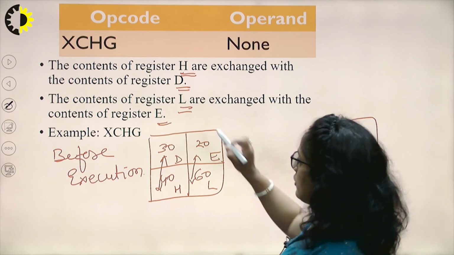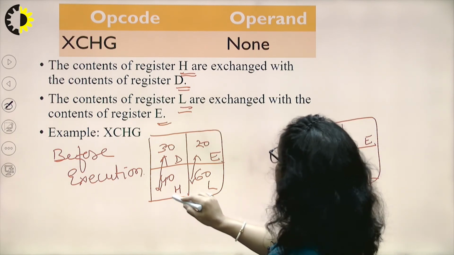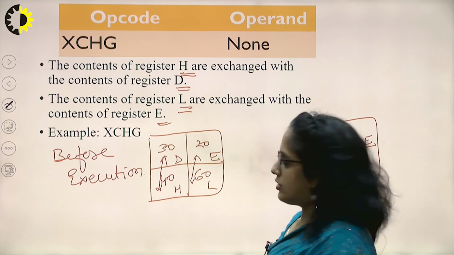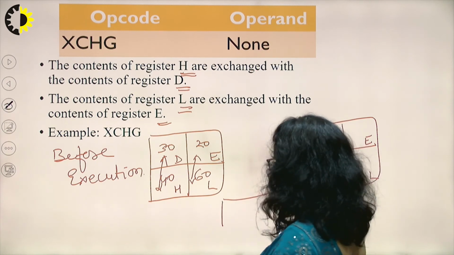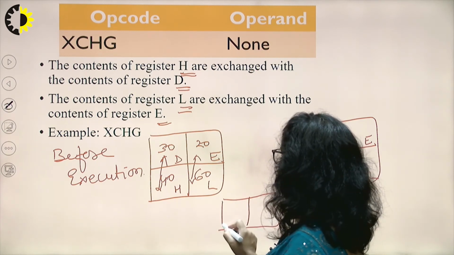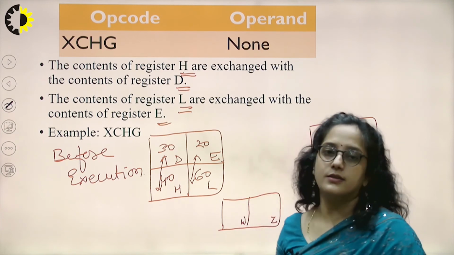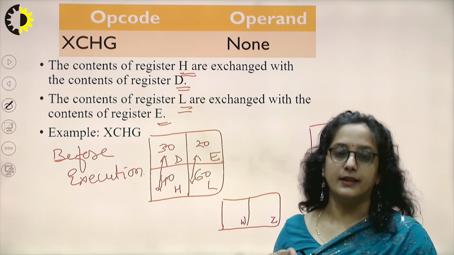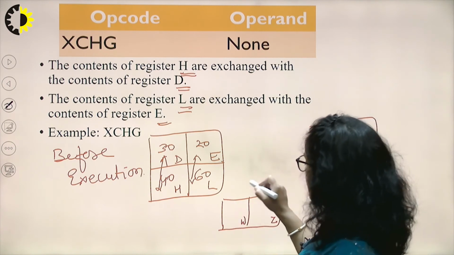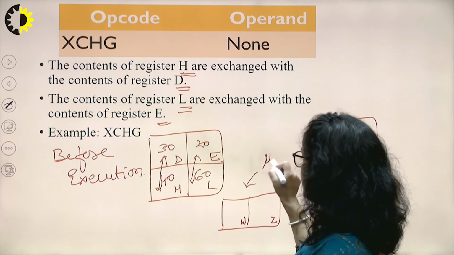The content of the H register gets exchanged with the D register. In the architecture there are two temporary registers, W and Z. These registers are used by the microprocessor itself.